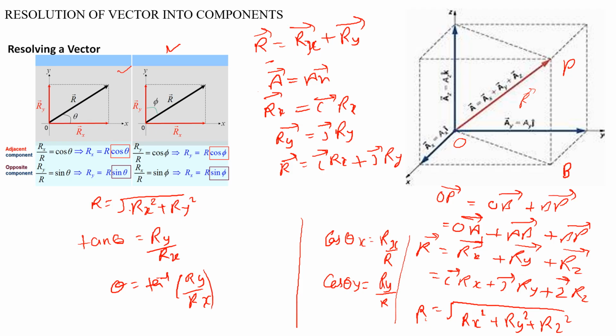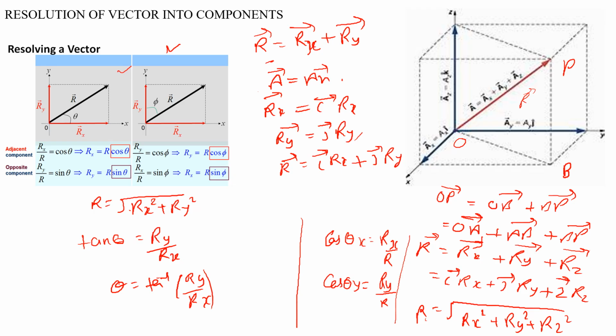Now for any vector, rx vector is equal to i vector rx, and ry vector is equal to j vector ry. Then r vector is equal to i vector rx plus j vector ry.